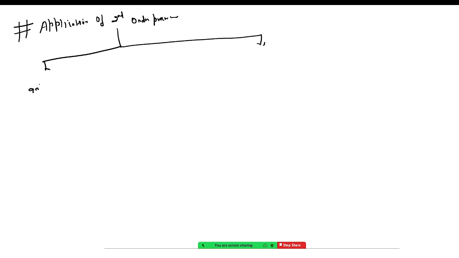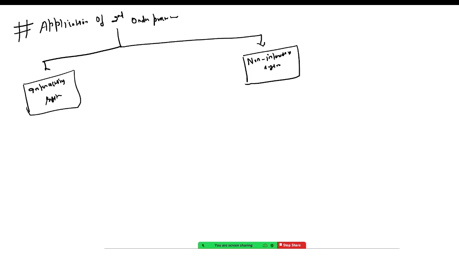First is the interacting system, and second is the non-interacting system. Ideally, I should write non-interacting first and then interacting, but okay, no issue. I'll be discussing non-interacting first, and then after that I'll move towards the interacting.